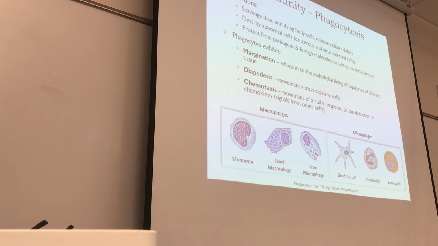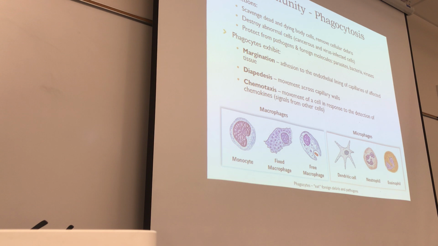So phagocytosis, again, we can destroy abnormal cells, bacterium, things of that nature. Three key things. We have margination. We can have these phagocytes just hang out there inside the lining of the capillaries waiting to see something that doesn't belong.